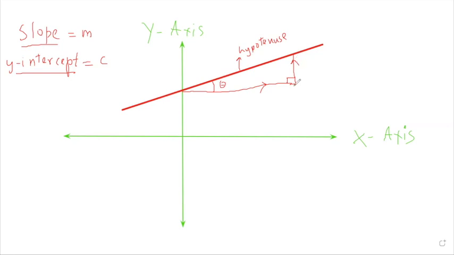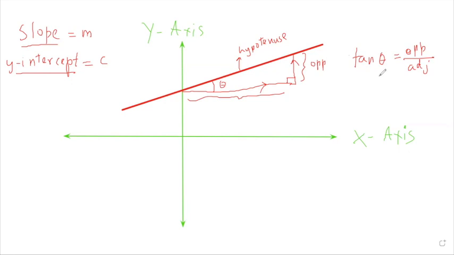Trigonometry would tell you that tan of the angle theta is equal to this, which we'll call opposite, divided by this, which is adjacent. So that's what slope is.